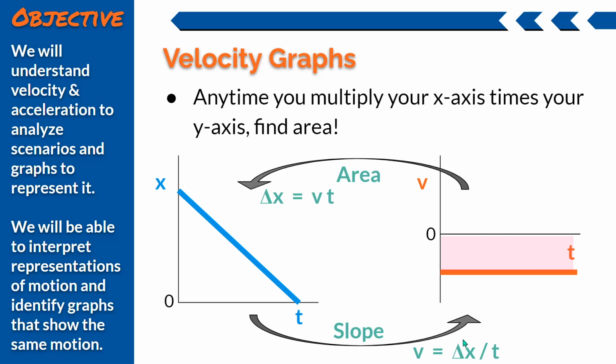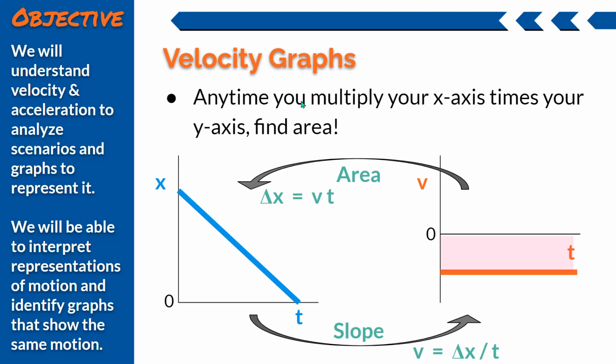If I rearrange this equation, velocity is displacement over time, so velocity times time is displacement. So this shaded orangey area would represent the displacement of the object at whatever time this would be if I had some numbers here. You could find that area and you would know how far you had traveled. It would tell you your displacement.